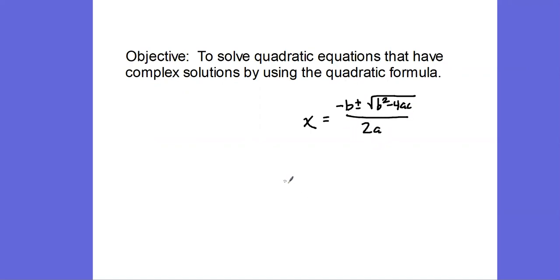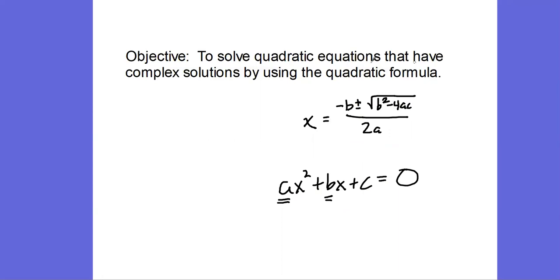And this a, b, and c stuff is based on this form. If I have ax squared plus bx plus c equals 0, my a values are going to go here and here. My coefficient on my x is going to go in those two places, and there's my c value.